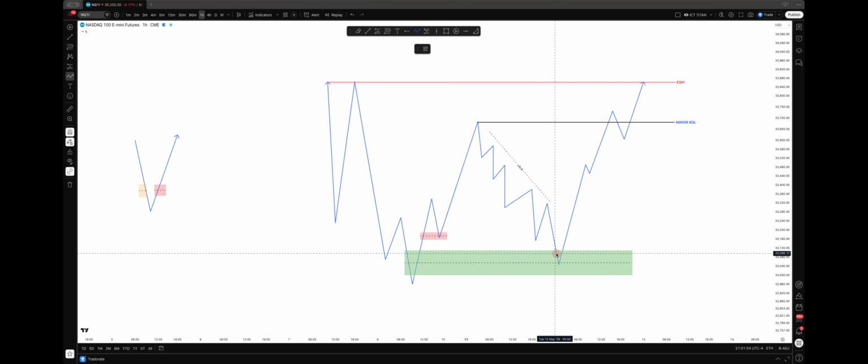Or if price comes down here, taps the 50% and the body stays above 50% or the uppermost level of the BPR, and what happens is price does this, takes this low again with the wick, and the body stays above. And now what happened? Just because of this, you have a breaker up here.